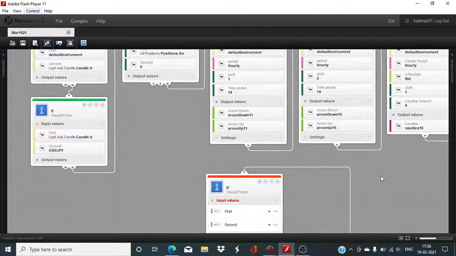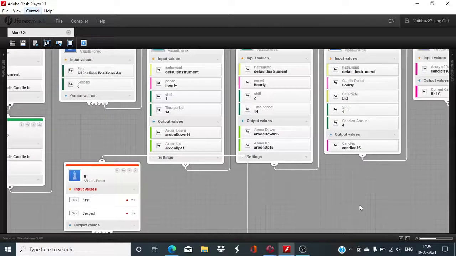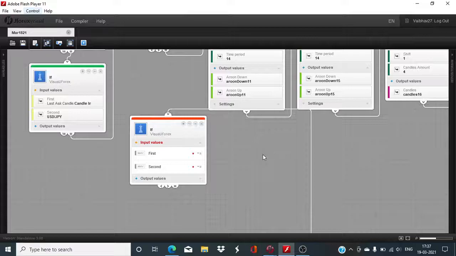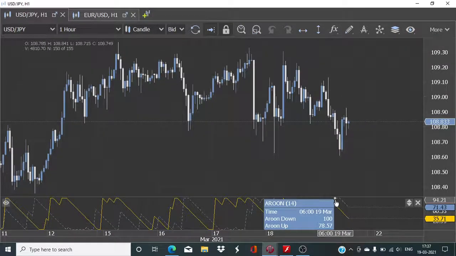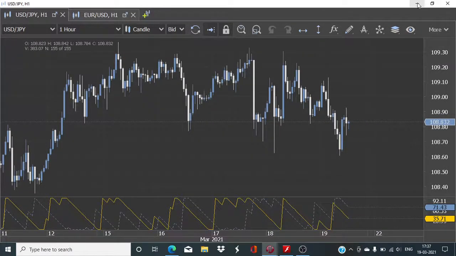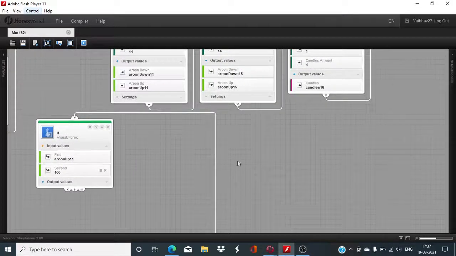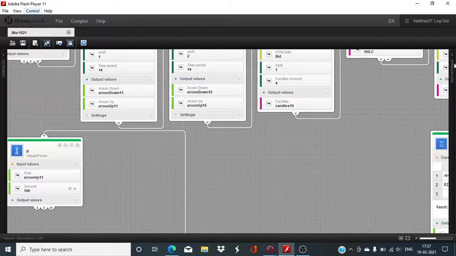Now we want the Aroon up value to be at 100. So this should be equal to 100. And also it should be above Aroon down.